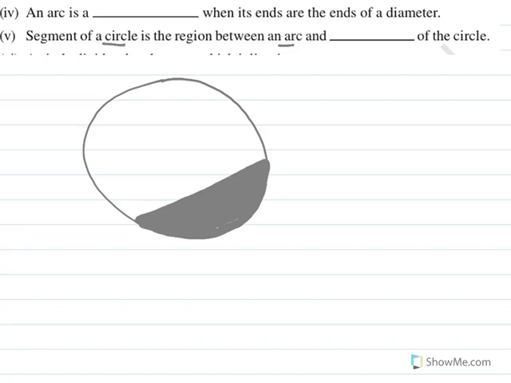It is bounded by a chord and an arc. Here is the chord, and this is the arc. A segment is bounded by a chord and an arc. So here they have already given: a segment of a circle is a region bounded by an arc and the chord of the circle.